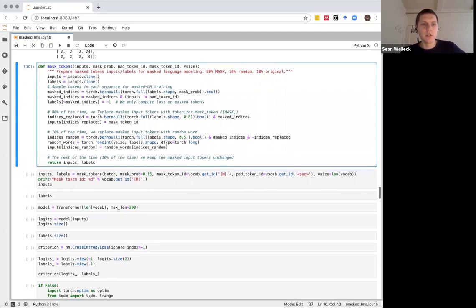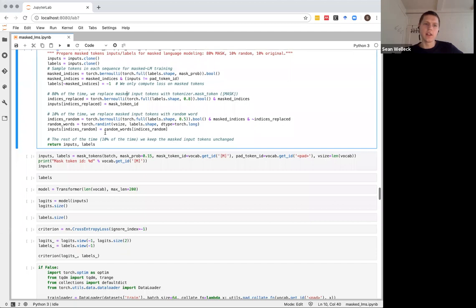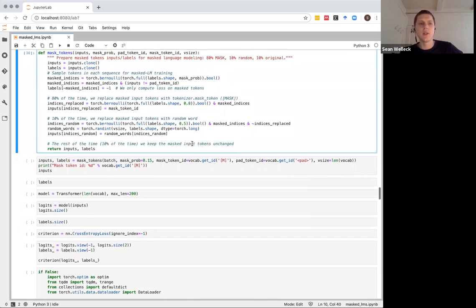What it does is that 80% of the time you're going to replace the token that was masked with the mask token. So most of the time. And then 10% of the time you're going to replace it, instead of with a mask token, with a random word. And then 10% of the time you're going to actually leave the masked input token unchanged.